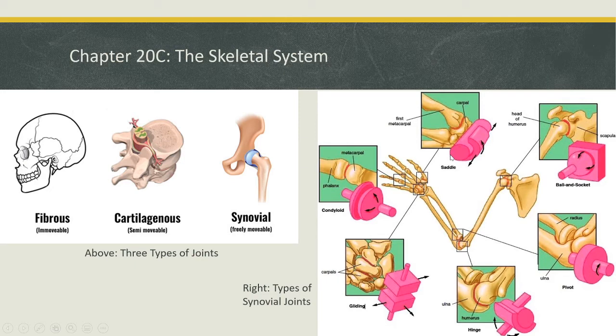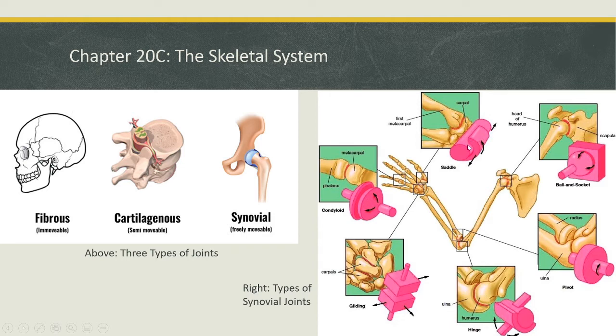Saddle joints are kind of like a combination of hinges and gliding. Gliding joints allow movement back and forth, and those are mostly in your wrists, and in the equivalent of your wrists in your feet. So saddle allows a combination of gliding and hinging.